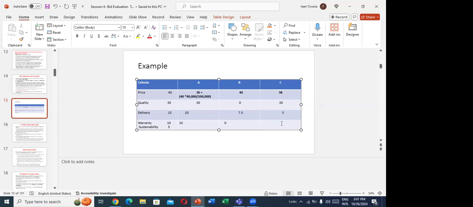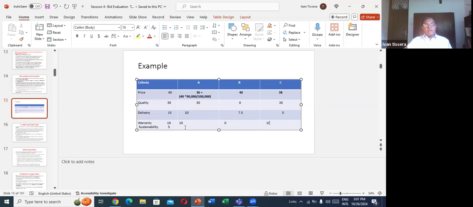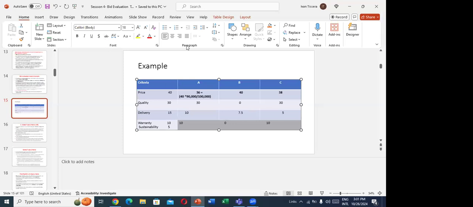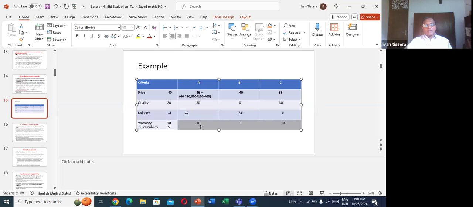මම මේක තව මේ row එකක් දානවා sustainability 5. Right? Sustainability marks කොහොමද? Only A. Only A get how much? 5 marks. And it all 0.